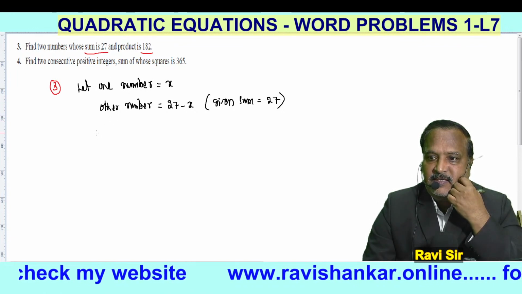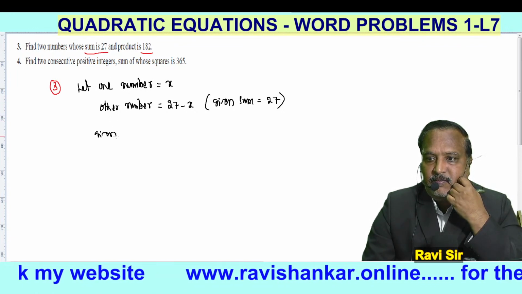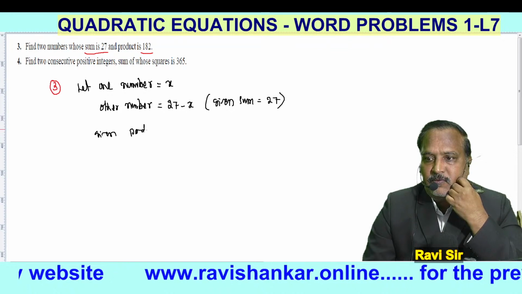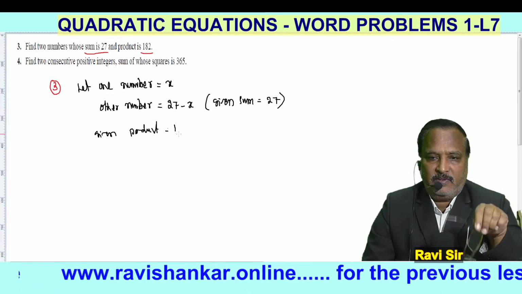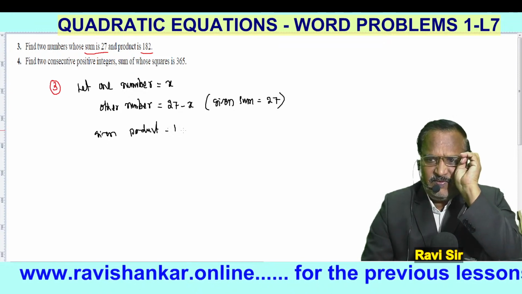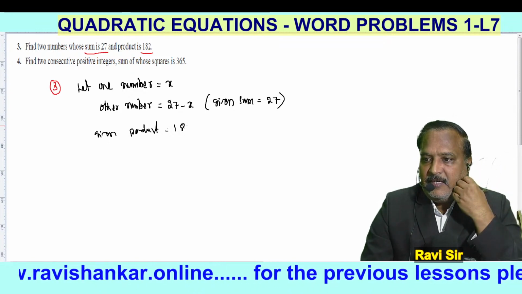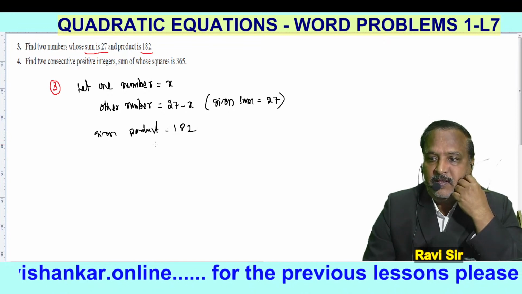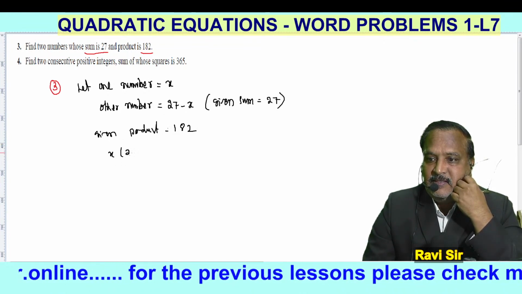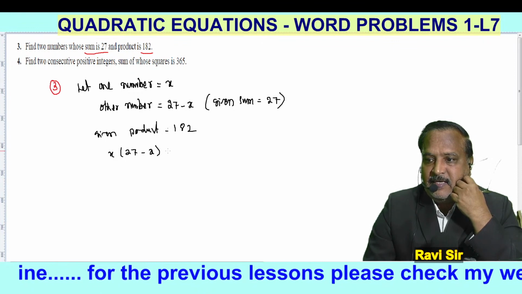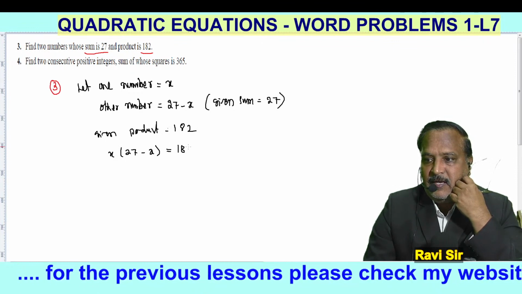Second condition, given product is equal to 182. I want you to see the screen. 182 is the product. So that means x into 27 minus x is equal to 182.